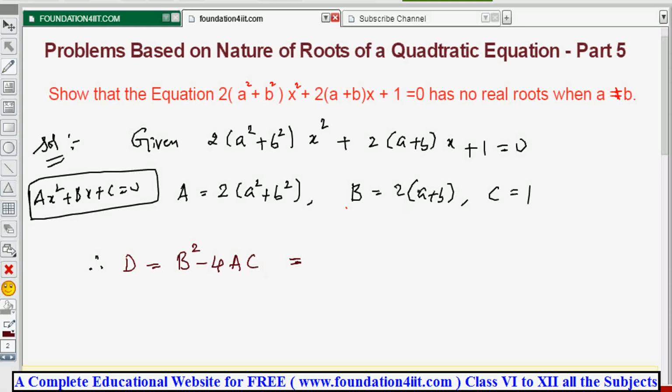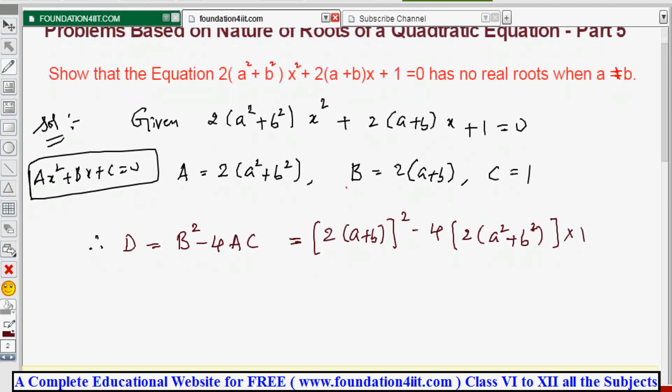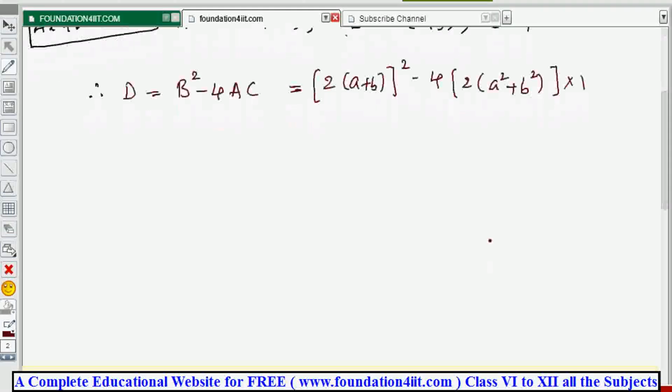Now B is 2(a + b), the whole square, minus 4AC. So A is 2(a² + b²), into C, and C is 1. Now let us simplify this, then we can prove this value is less than 0.